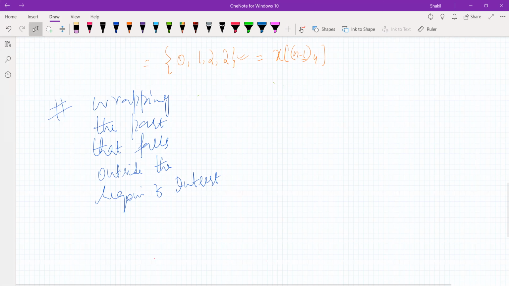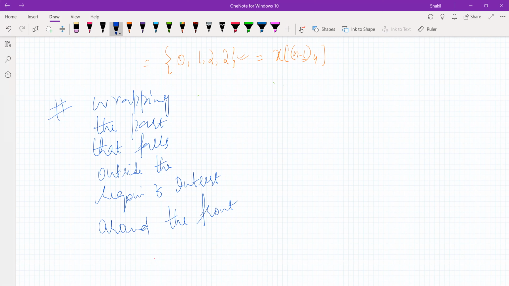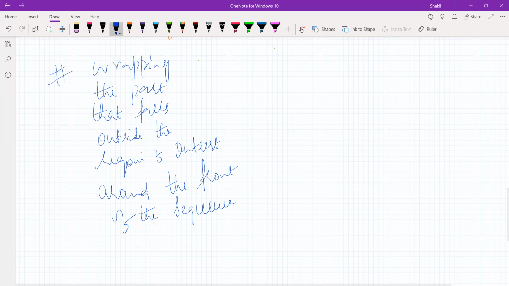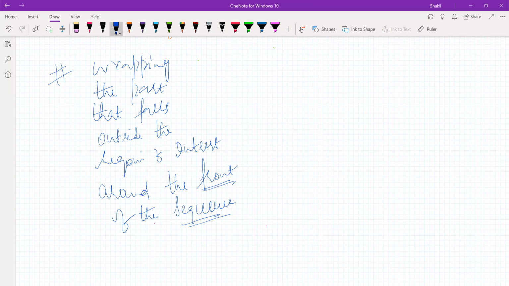Whatever part falls outside this region of interest, or the limit of the sequence, we bring back around to the front of the sequence, right?